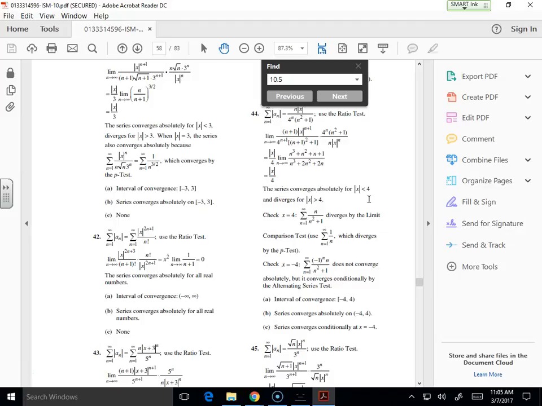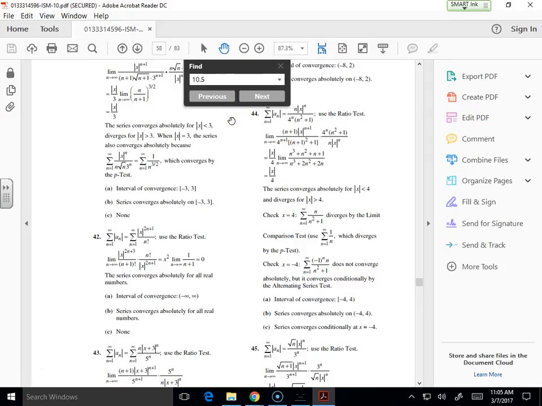So in this one, which one are you looking at? 44. Is it alternating? No, it's not. So if it's not alternating, we say don't consider absolute or conditional. So they were asking for both convergences, but for a non-alternating series where it converges, it will converge conditionally and absolutely.